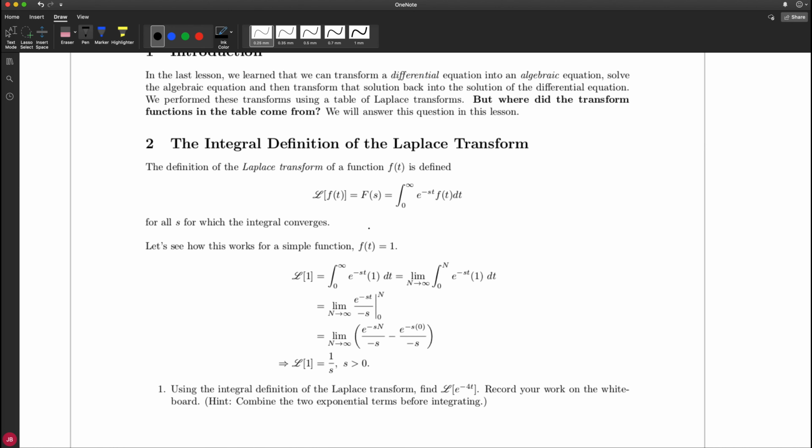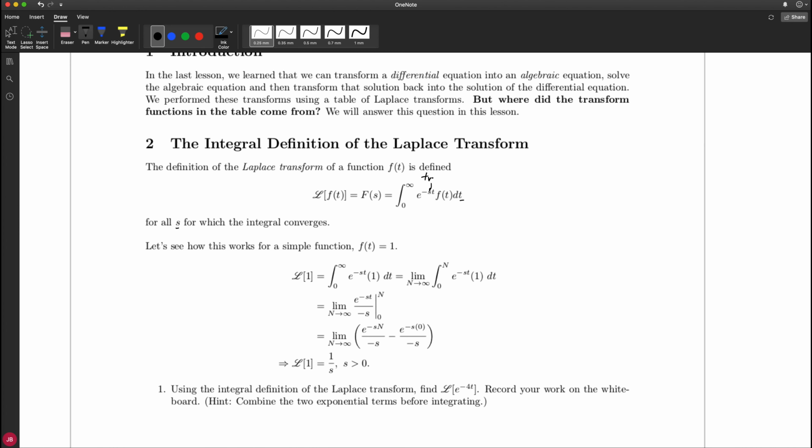So it'll usually be incumbent on you as you're integrating to find the s values for which the integral converges, and we'll talk about that in more detail as we work through these examples. But a couple remarks here, first of which is that you'll notice the integration variable is t, so that means that s right here, that s value, gets treated like a constant.